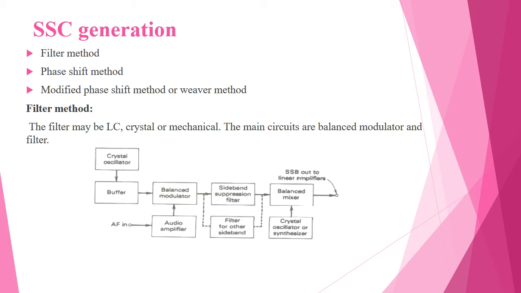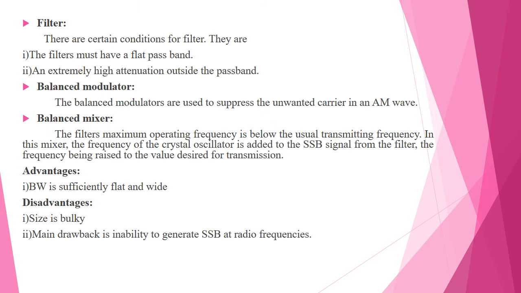So first we require a high value of the Q factor, and it will increase the difference between the modulating frequency as well as the carrier frequency. Okay, so here the filter has two conditions. They are it must have a flat passband and it has high attenuation outside the passband.